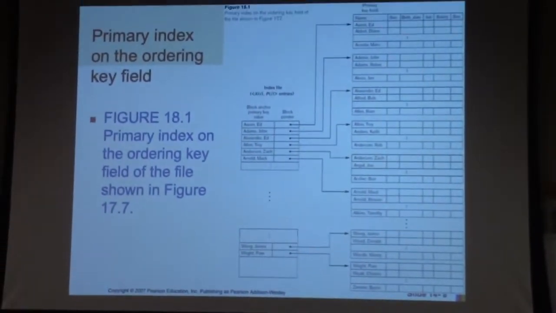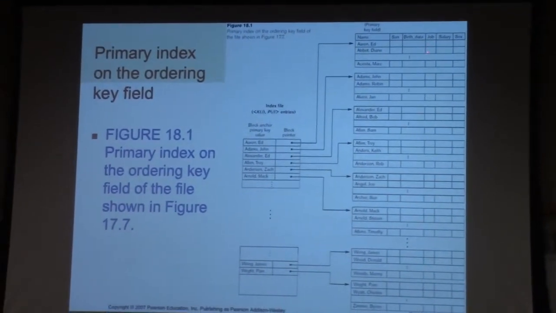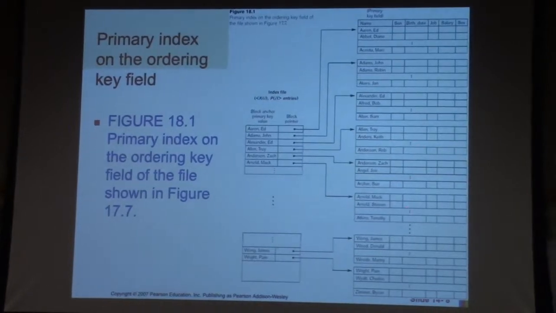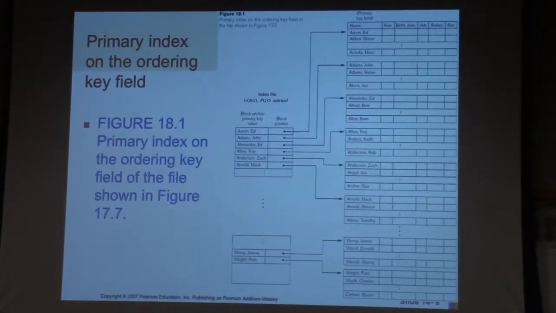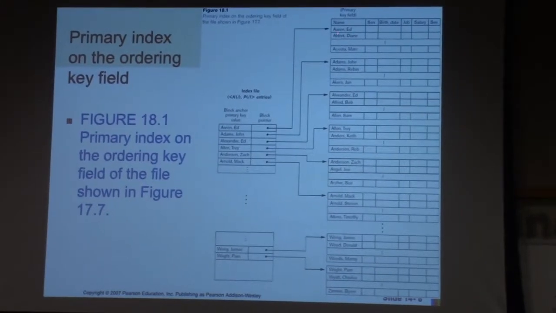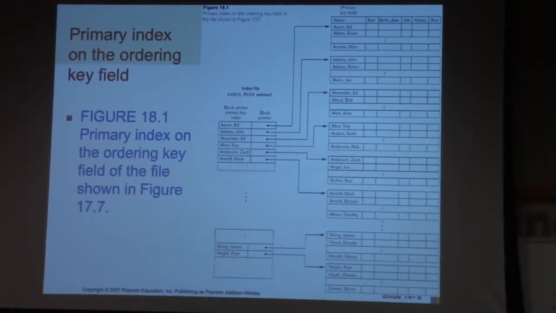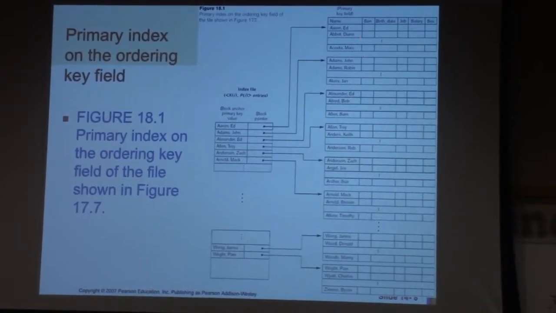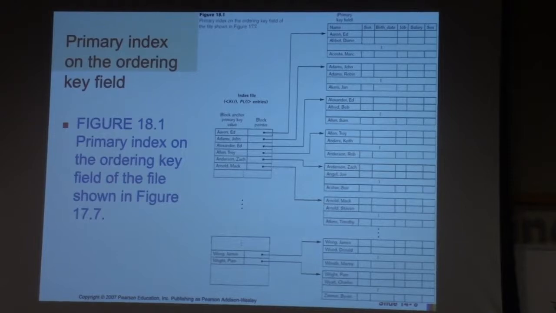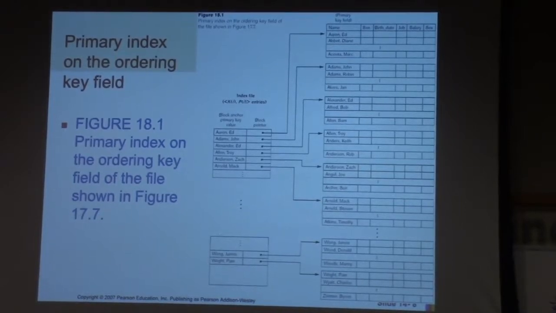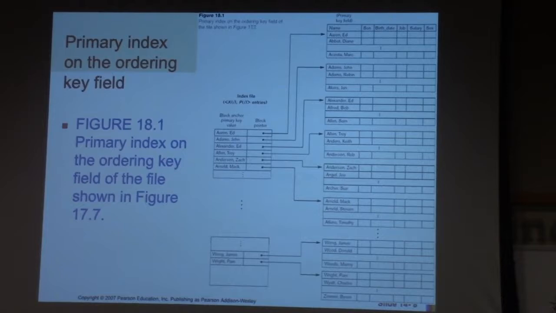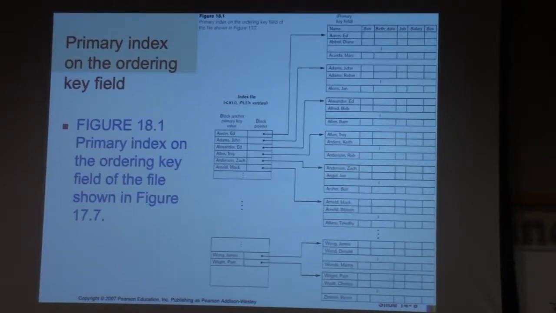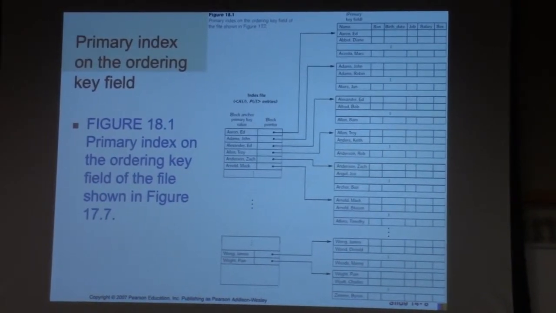So this is an example of an ordered file. You can see this is a table. How many blocks? 1, 2, 3, 4, 5, 6, like that. The first block has Aaron Add up to Mark Acosta, like that. They are sorted, so it's an ordered file, and this is the key. For example, if you search for Timothy without an index, how can you search?